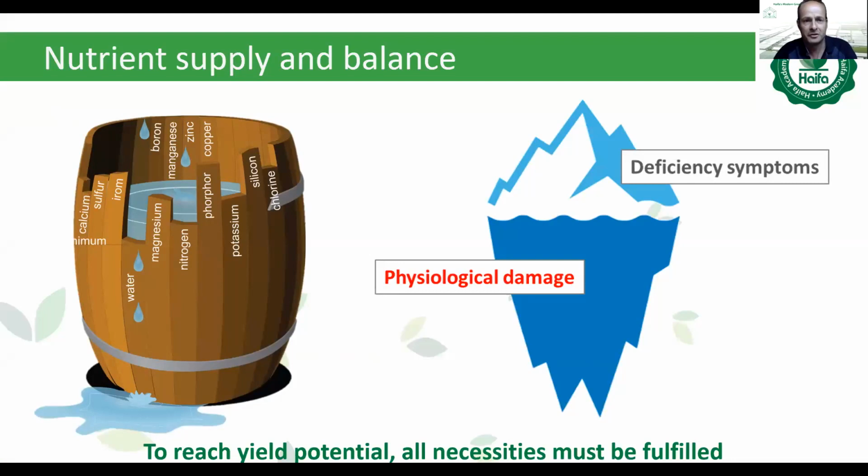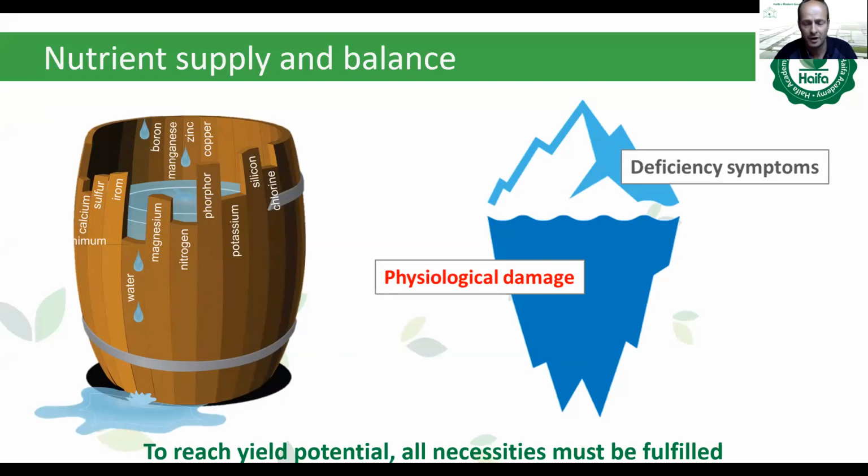It's important that we have a balance in all the elements in the requirements. So without, for example, magnesium, it's not possible to manage a crop. Every element in the bucket, which you see on the left of the screen, must be fulfilled. Otherwise, we have a problem, and we can expect some deficiency problems in the diverse crops.